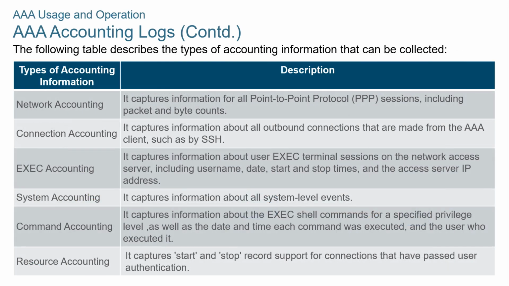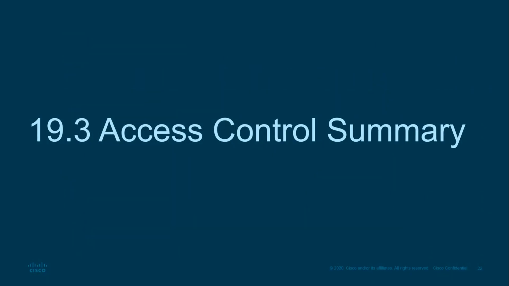So here's some common accounting information: network access, connectivity accounts, executive accounts, system accounts, command accounts, resource accounts. All of these provide certain-level services that are running on a network device that should be logged. A lot of this can provide detailed information about what's going on in the network.